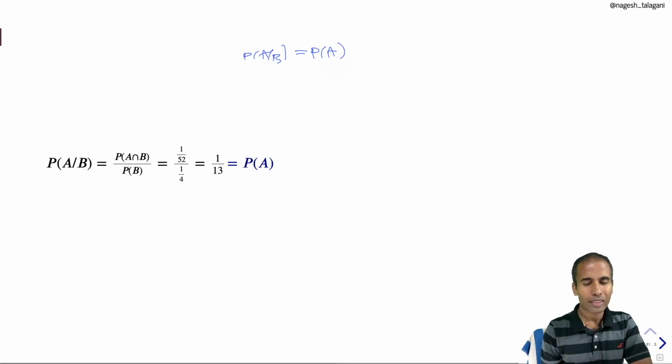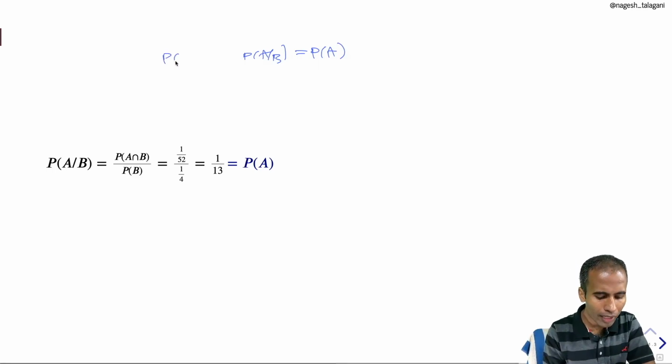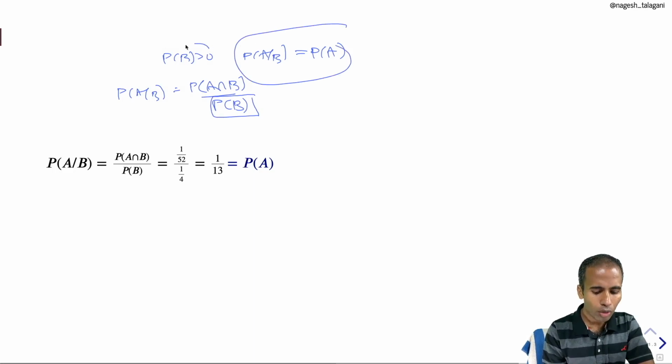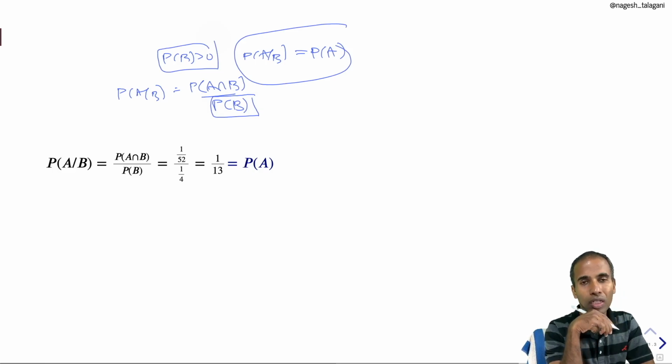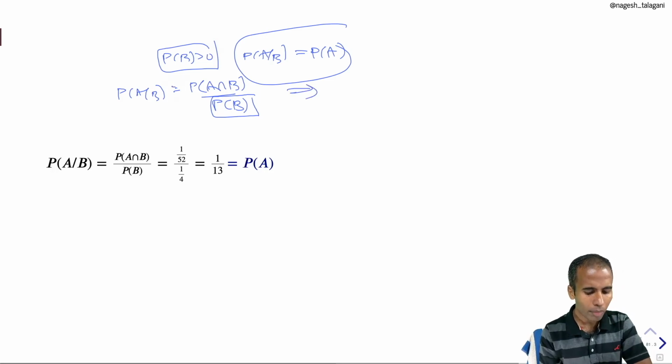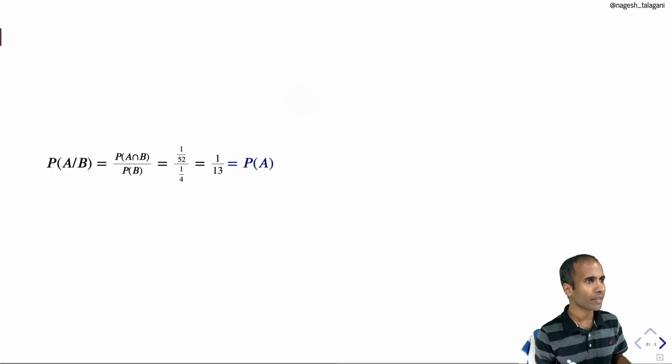See, this expression makes sense only when the probability of B is positive, because when you say the probability of A given B, you are talking about the probability of A intersection B divided by the probability of B. You are keeping the probability of B in the denominator, so this expression makes sense only when the probability of B is positive. We don't want to have such a limitation. That's why, if you multiply by the probability of B on this side, let me do it in the next slide.